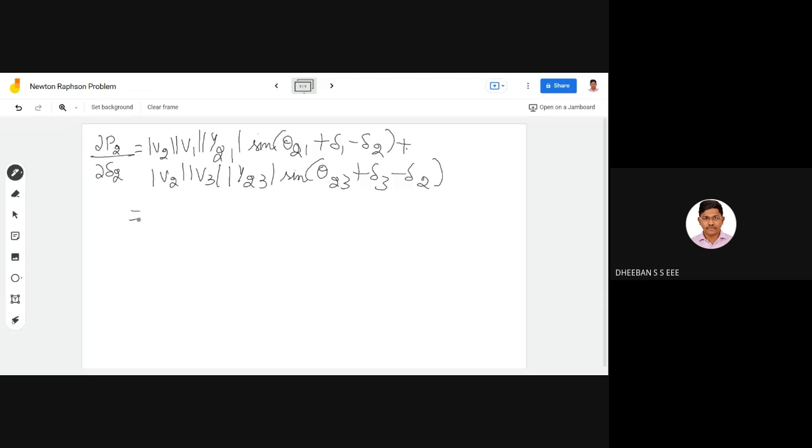For substituting, you'll be getting V2 as 1.05, Y21 as 22.36.